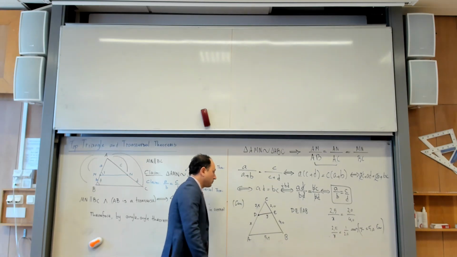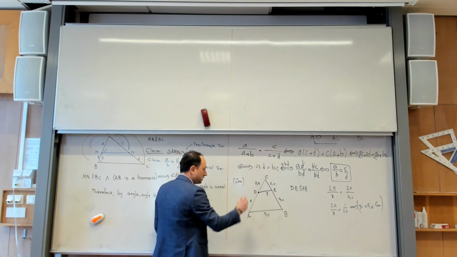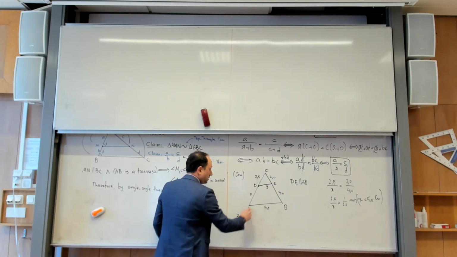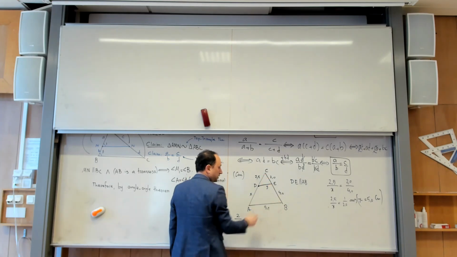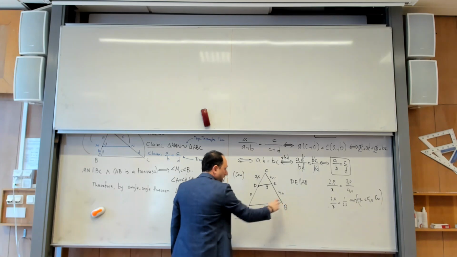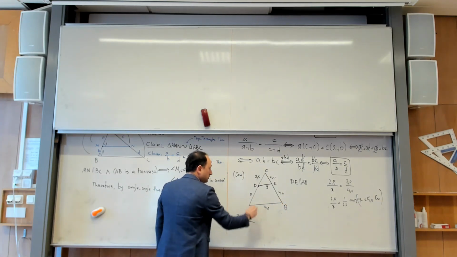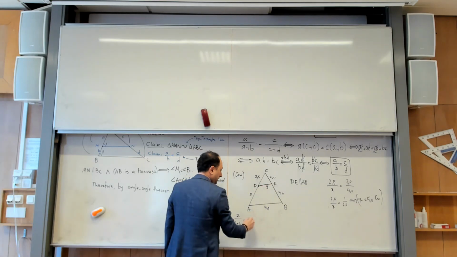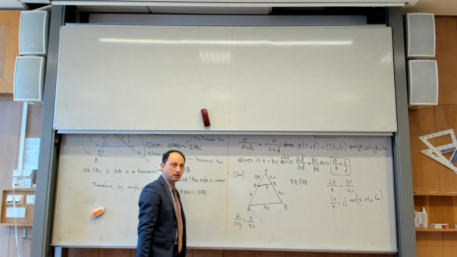I would say 2, but be careful this time. You cannot write 2 over 4. You have to write 2 over the whole side, which is 2 plus 4, equals Y over this one, 5.1. Is that understandable? So be careful.